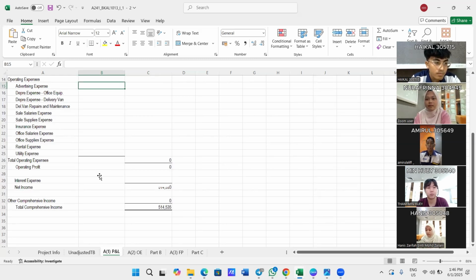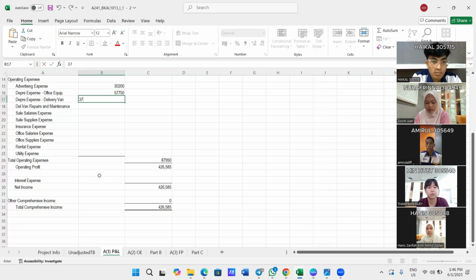So the first expense is advertising expenses. The amount is 20,200. The depreciation expense for the office equipment amount is 57,750. Next, depreciation expense for the delivery van, the amount is 37,888.